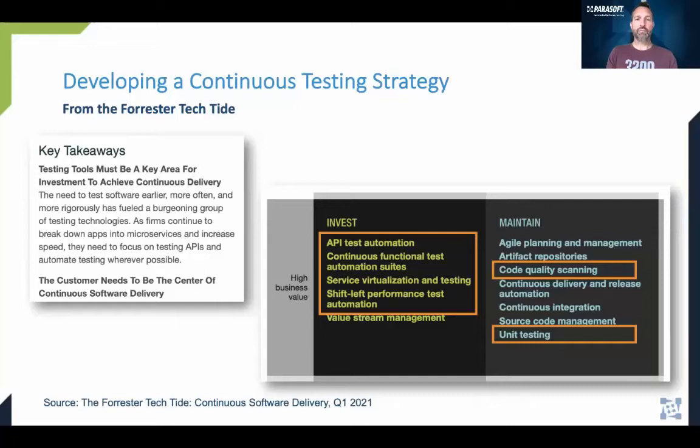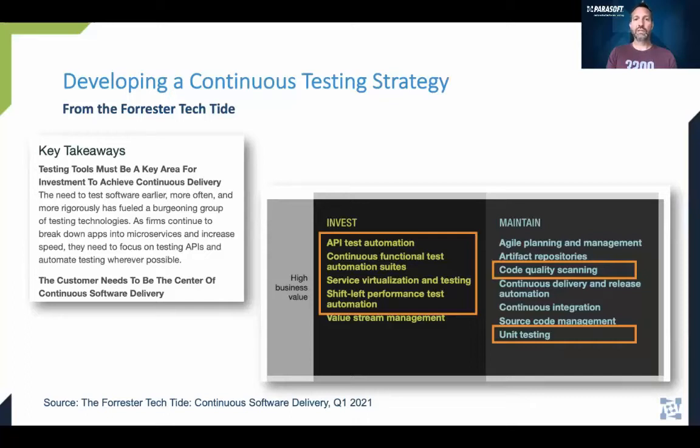It talks about microservices and the increase in speed and the need to focus on testing APIs and automate testing wherever possible, right? These are all keys. So they give you categories, right? Forrester is giving us categories of testing technologies, or again, these are software delivery technologies, but in this case, it turns out that half of the high business value categories are invest and maintain.